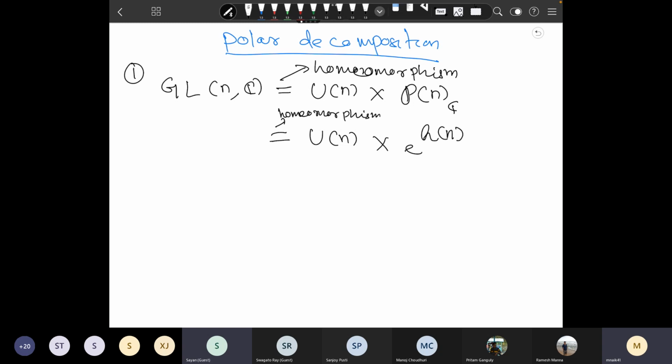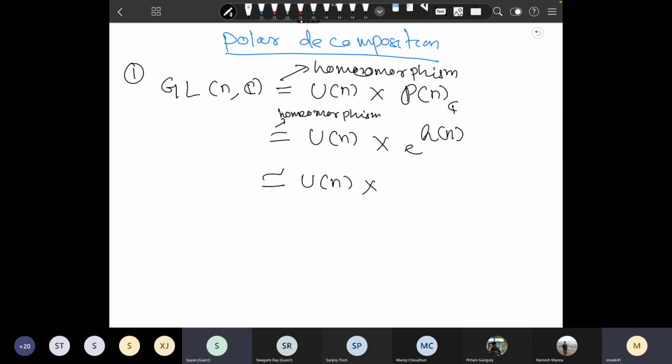Everything here is actually homeomorphism. Now this is topologically isomorphic to U n cross e to the power R to the power d. Let us write one step further.